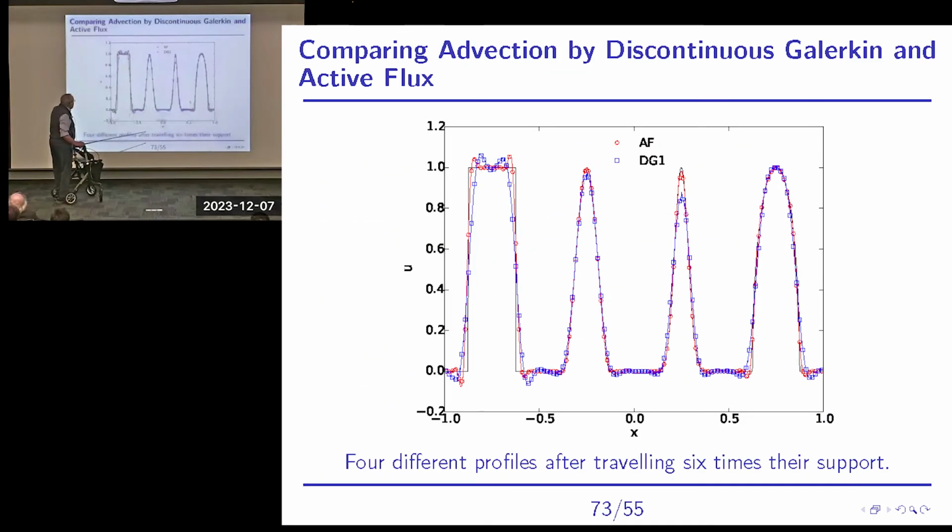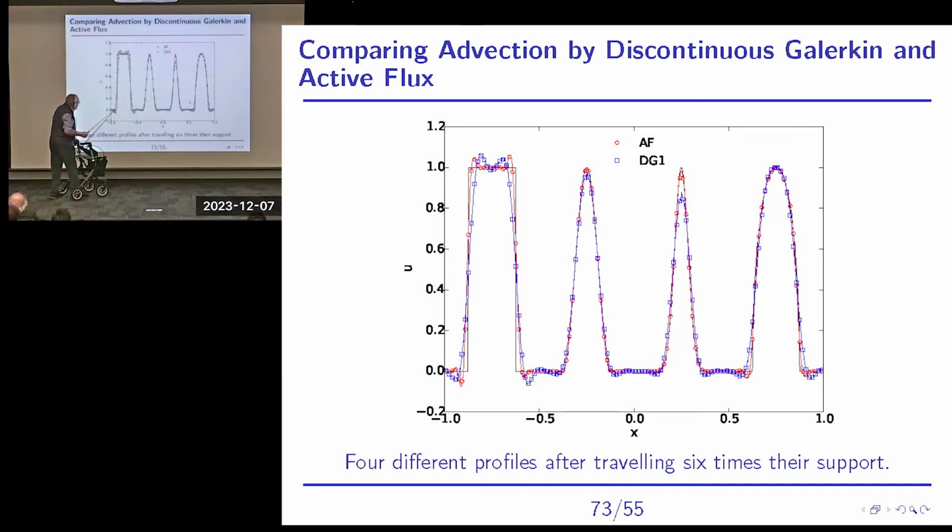So back again. Here is a comparison between that method, the active flux method, and the discontinuous Galerkin in the DG1 version. So far, just talking about linear advection. A packet of waves. If you look at the base of the wave, you can see that the active flux results are always much more resolved.